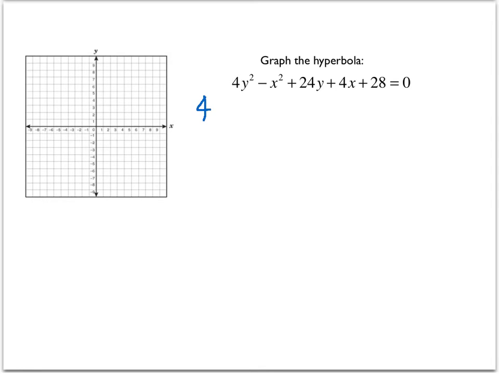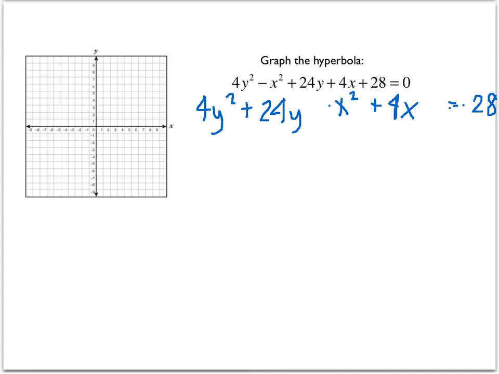Once again though, let's see if we can group our y's together as we've done before, and our x's together. So we have negative x squared plus 4x, and then all this is going to equal negative 28, like that.